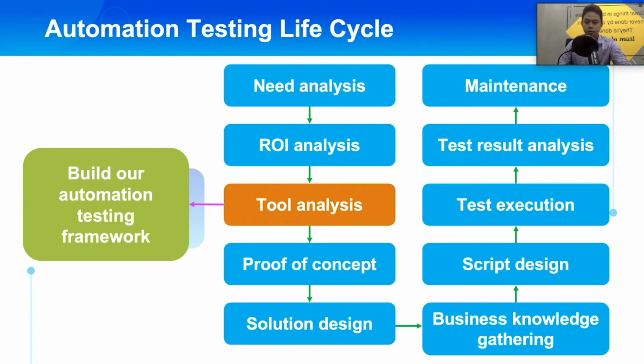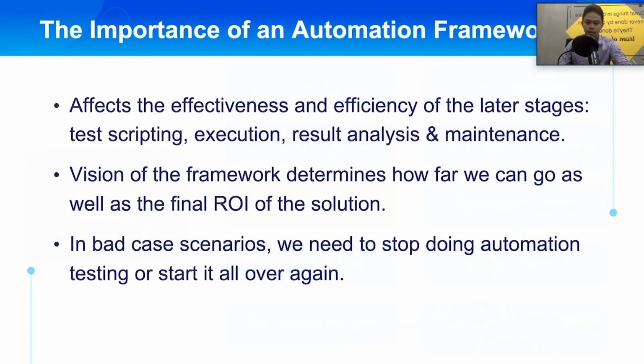But then we really hope that we make it right, because the automation framework will affect the effectiveness and efficiency of all the later steps: test scripting, execution, result analysis, or especially maintenance.